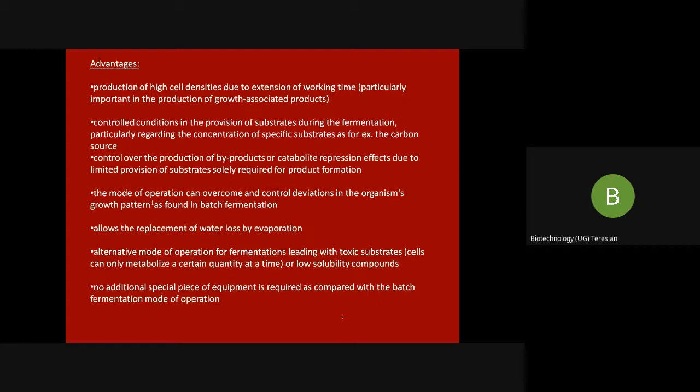So we saw even in the crab effect also, the carbon source, we had to control it. Control over the production of byproducts or catabolite repression effect due to limited provision of the substrates solely required for the product formation. The mode of operation can overcome and control deviation in the organism growth pattern as found in the batch fermentation.